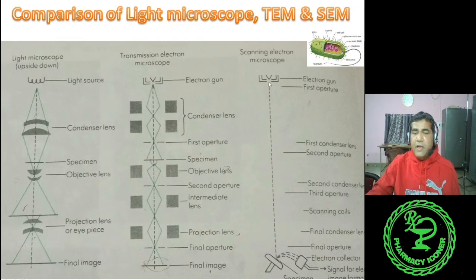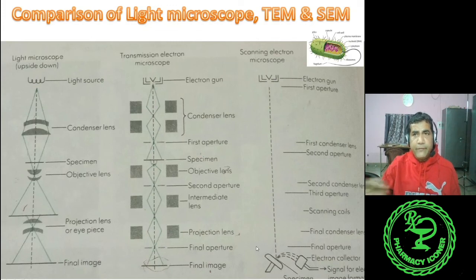The electron beam is coming out. It travels through the lenses, first condenser, second, then it is falling on the sample here. It's a very thin beam of electrons.